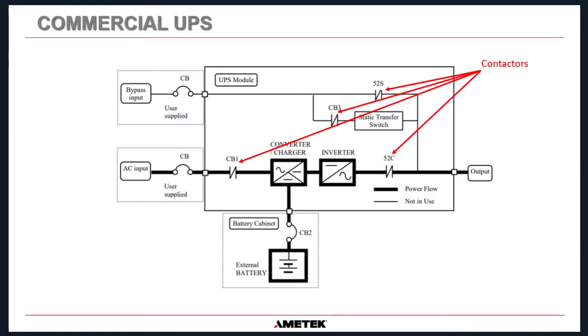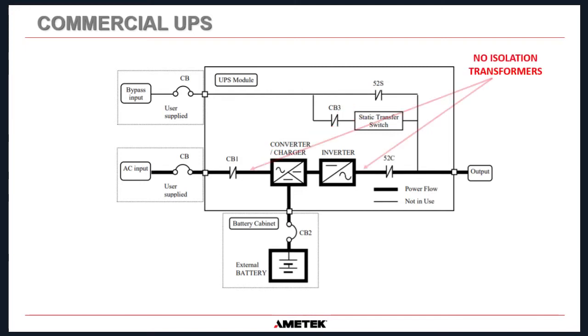Not my favorite mechanism of disconnecting between supplies, but that's what most commercial UPS manufacturers do. And as I said, they have no isolation transformers on the input or on the output in most cases.